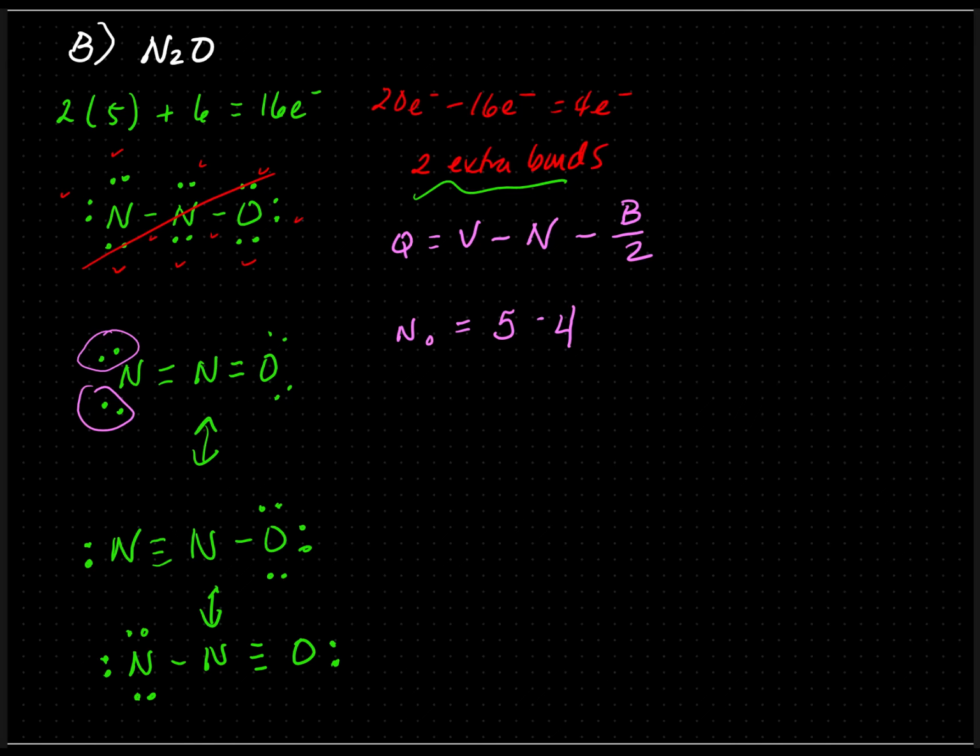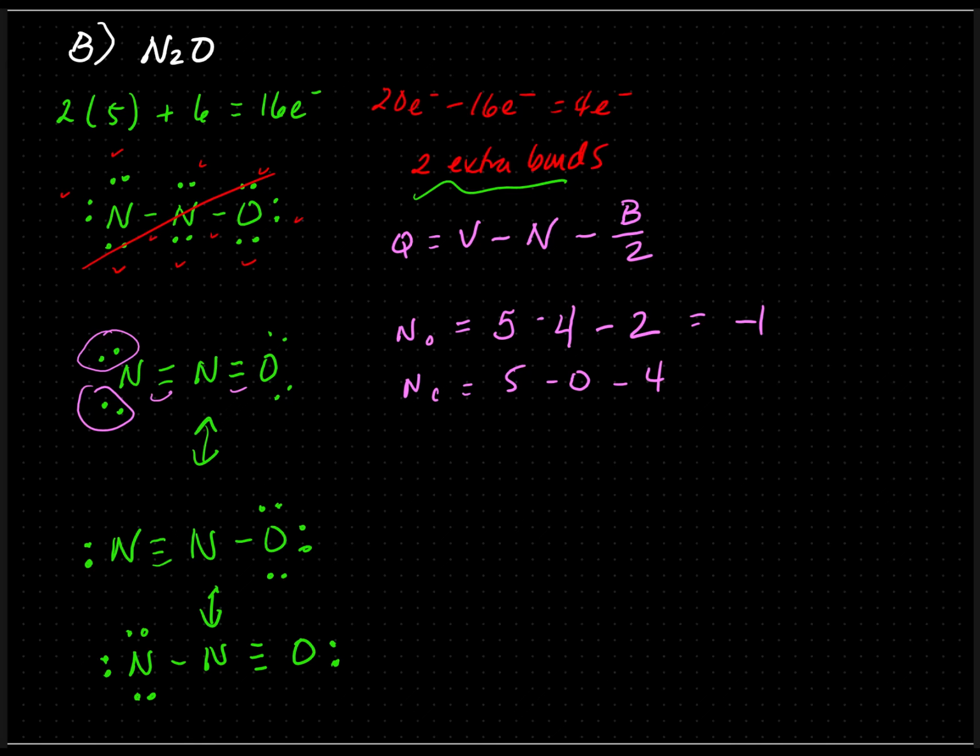The number of bonds, there's 2, or you could do the number of electrons, which is 4 divided by 2, which is 2. So this gives you a nitrogen charge of -1. Now we do the central one, which has 5 valence electrons. There are no lone electrons because these are both bonded, minus 4.